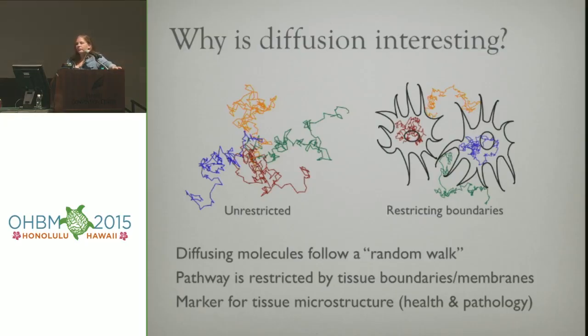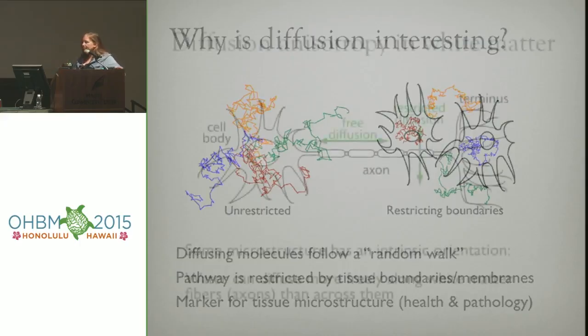How much is the tissue restricting diffusion with, for example, water molecules that are trapped inside a cell or some other compartment, or water molecules that are hindered in the extracellular space by the presence of these cells.